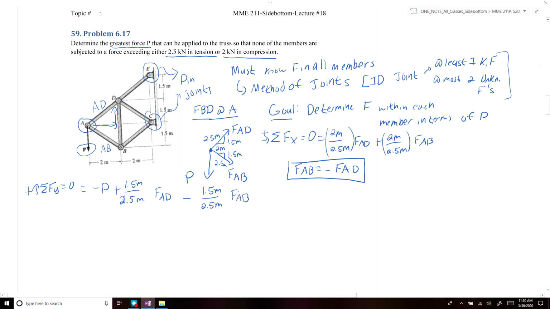We can substitute for FAB. We're going to substitute in negative FAD from over here.